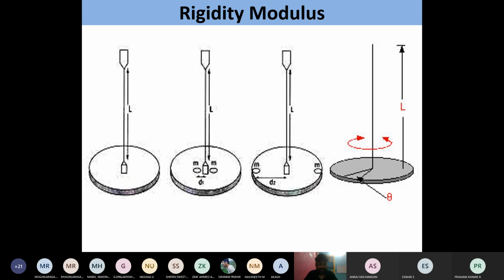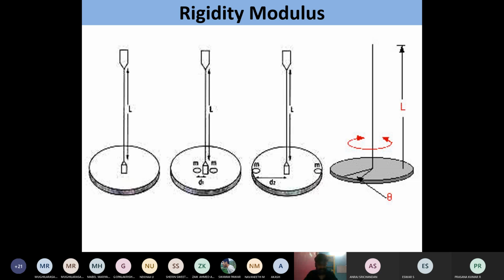After that, place the mass M1, M2 or M very close to the metal chuck at the center. Then rotate the metal disc. When we rotate the metal disc, as we know, one end of the wire is fixed and the other end is connected to the disc.